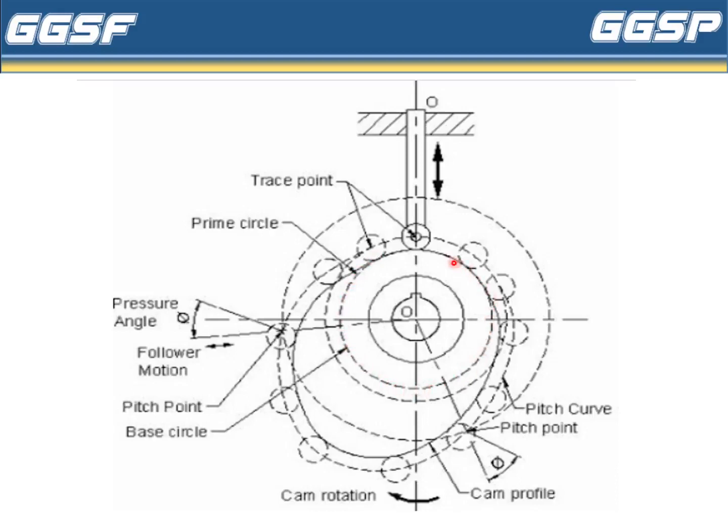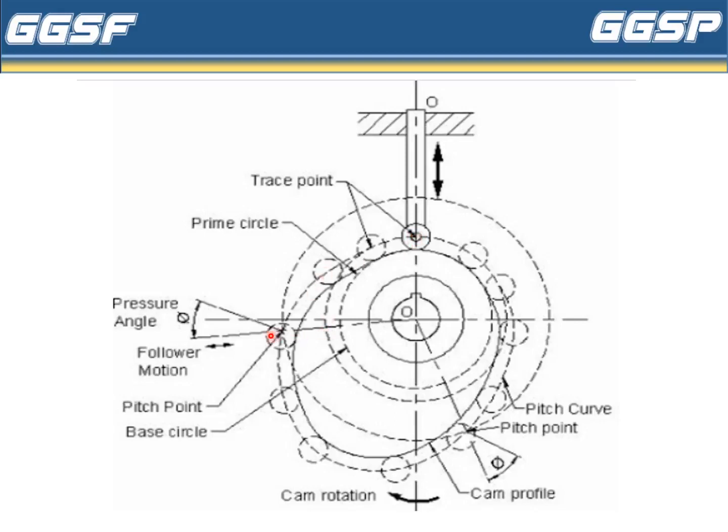So base circle is the smallest circle that can be drawn to the cam profile. Now the second point is a trace point. So it is the reference point. This is the trace point, right? So trace point क्या होता है? Trace point is a reference point on the follower and it is used to generate the pitch curve.